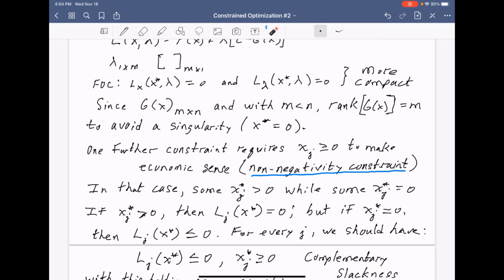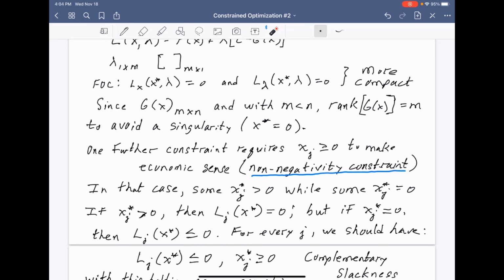If xj is greater than 0, then the partial derivative of the Lagrangian with respect to xj would be equal to 0. But if xj is equal to 0, then the partial of the Lagrangian with respect to xj would be less than or equal to 0, with equality holding in rare cases.